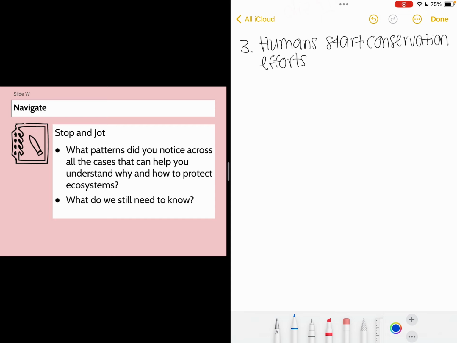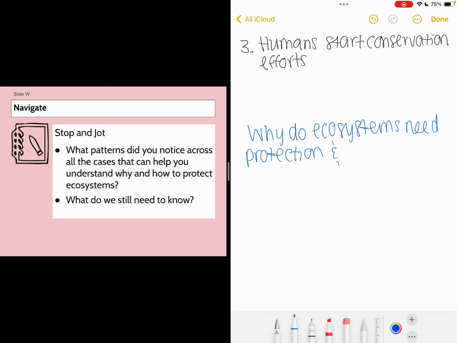So, if I told you to write a 5-page paper on the question, why do ecosystems need protection? And how are they protected?